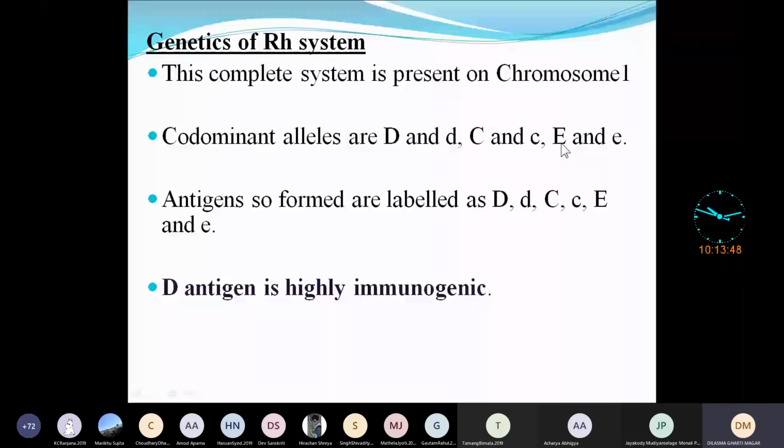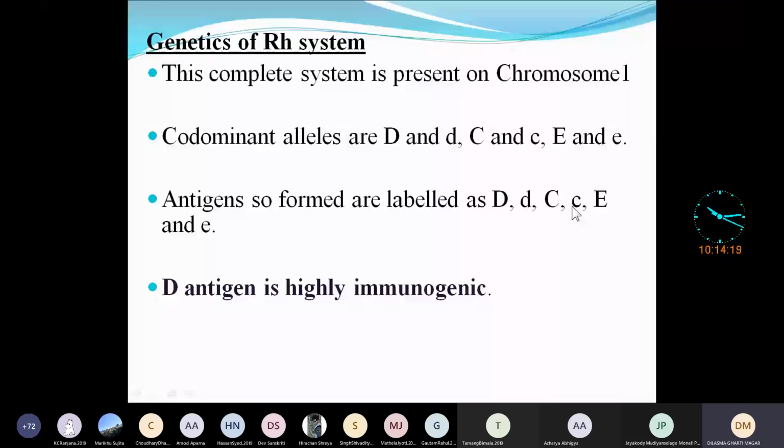Understood? These co-dominant alleles are represented as D, d, C, c, E, and e. The antigens so formed are labeled likewise: D antigen, small d antigen, C antigen, small c antigen, E antigen, and small e antigen.